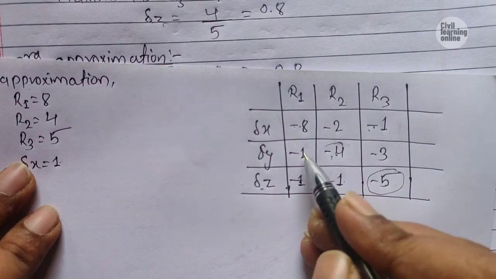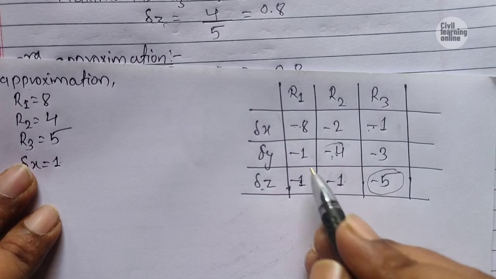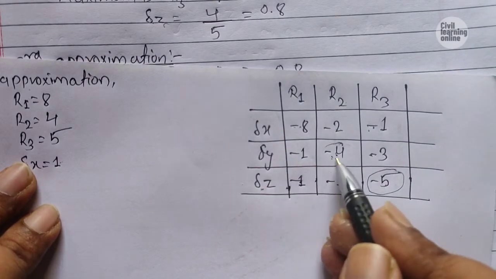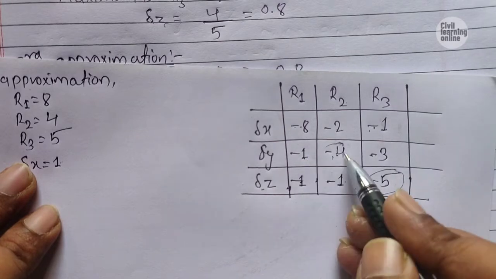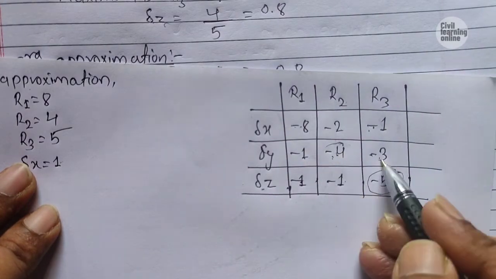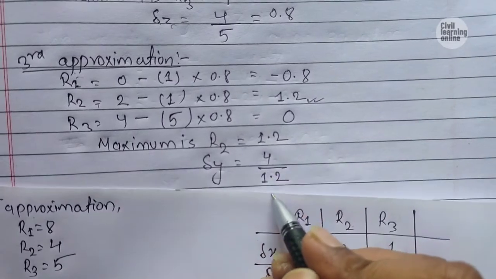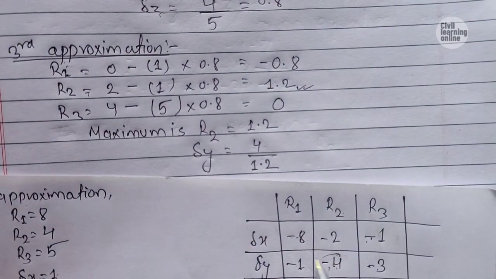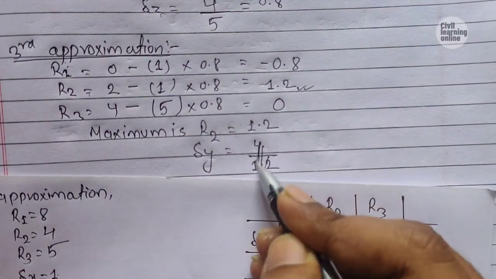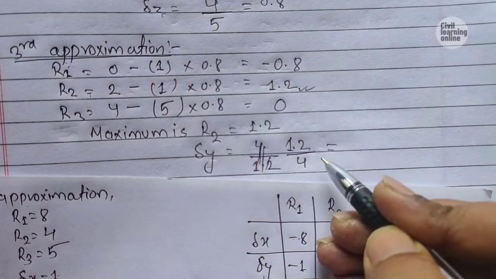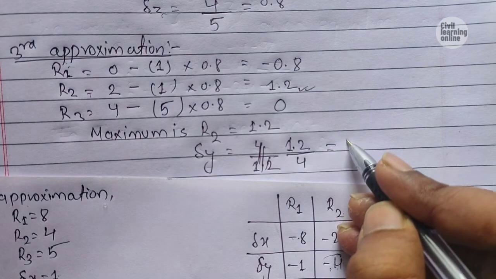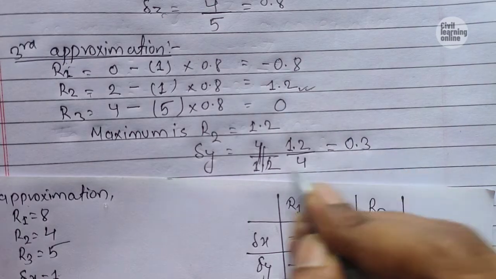Because this time we are considering the opposite sign. Here all are negative, so we need to consider all these coefficients as positive. So 1, 4 and 3, and among 1, 4 and 3, 4 is greater, so we need to divide by this value. Sorry, I have made a mistake here, 1.2 is divided by 4. On doing so, we will get del y equals to 0.3.